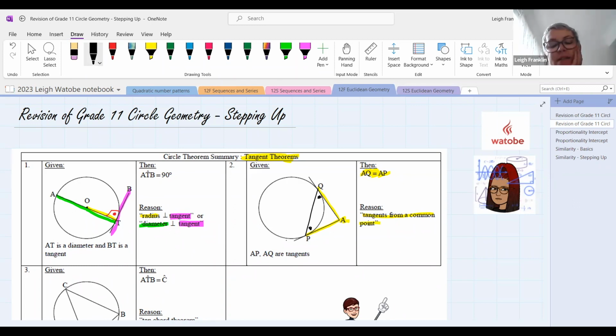Anybody remember the reason for that? It was something we spoke about last week, not in the context of tangents, but if you've got a triangle and you've got 2 equal sides, why would the 2 interior angles be equal? Can anybody remember the reason? You could pop it into the chat.